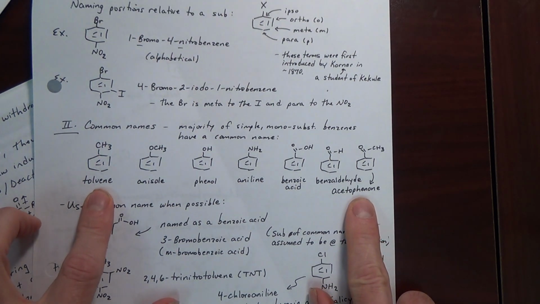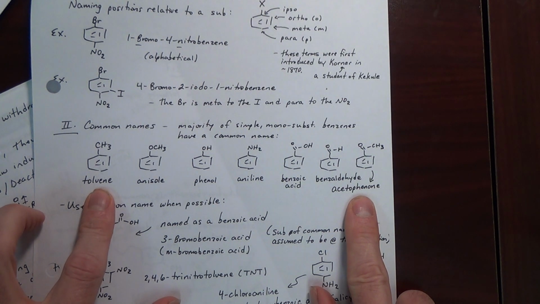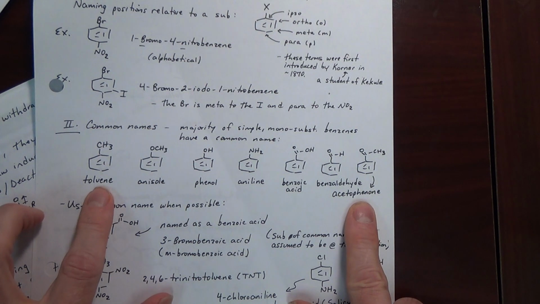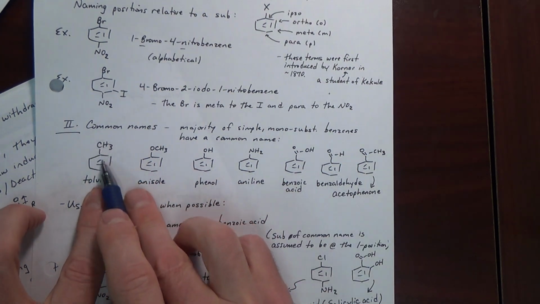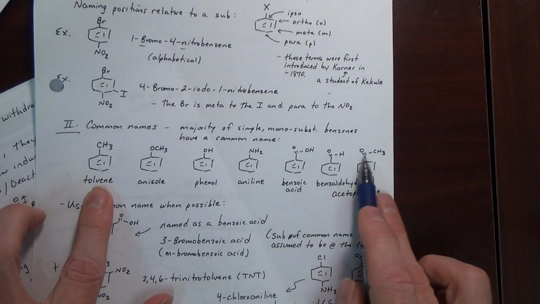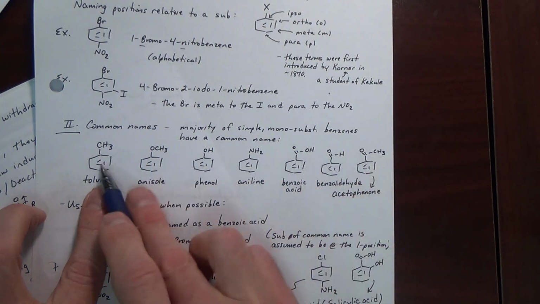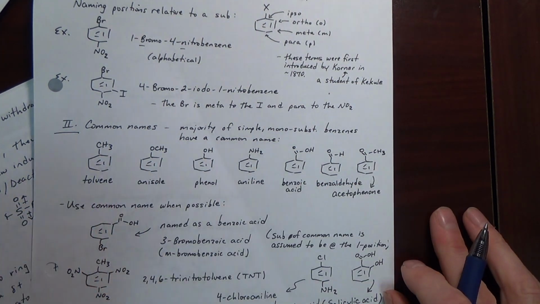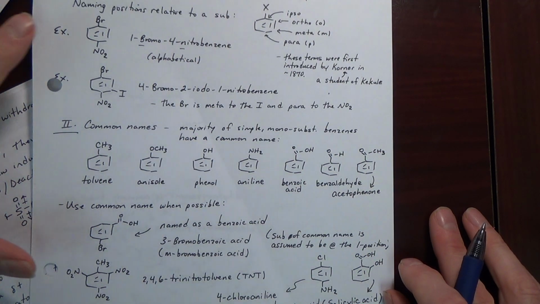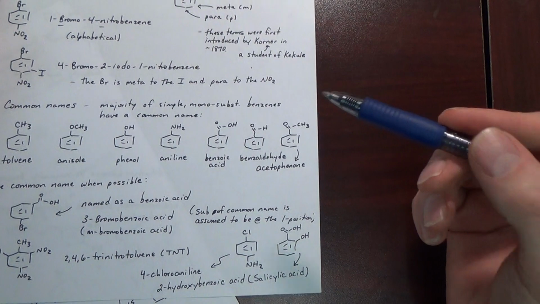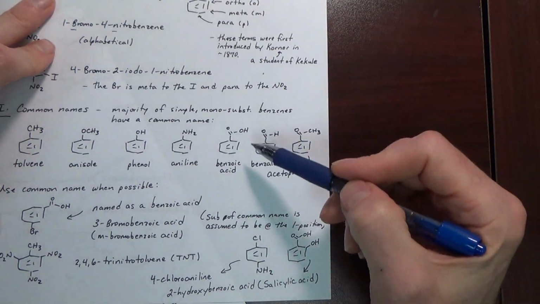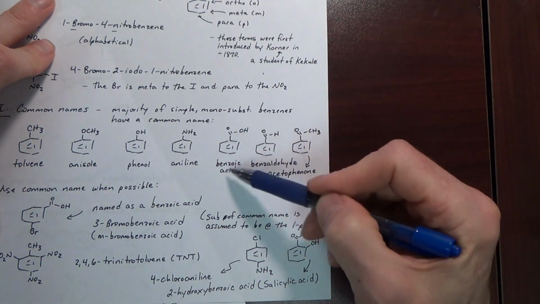Which one will brominate faster if we react it with bromine and something like FeBr3? So that's what we're talking about. We have to understand the activating or deactivating effects of common groups to be able to predict that answer. Or we could ask a comparison to benzene. Which will nitrate faster, benzene or benzoic acid?